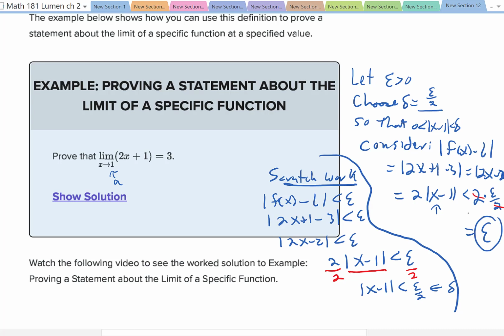And so we can then do this conclusion, these 3 dots. Therefore, let me just state the limit now. Limit as x approaches 1 of 2x plus 1 equals 3.